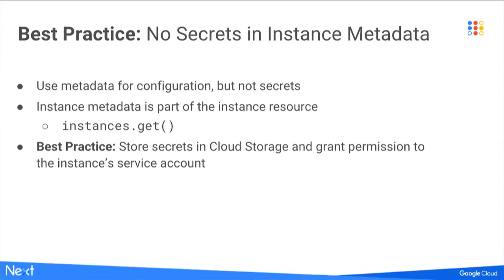So if, for example, your instances use a private token to access a service that you're managing yourself, store that token or that password or that key in cloud storage and then give access to the instance's service account to read the information. That way anyone who lists the instance won't see it, but your instance will still have access to it.